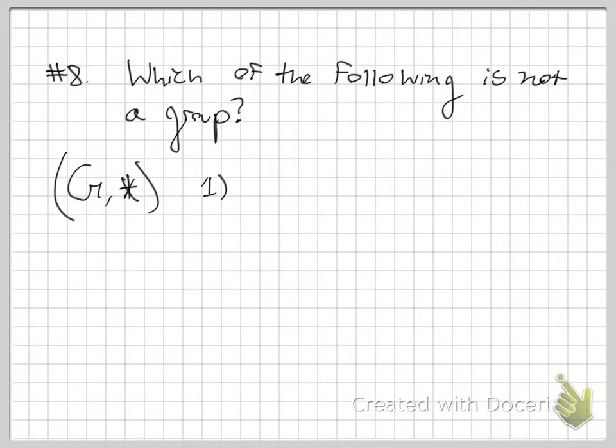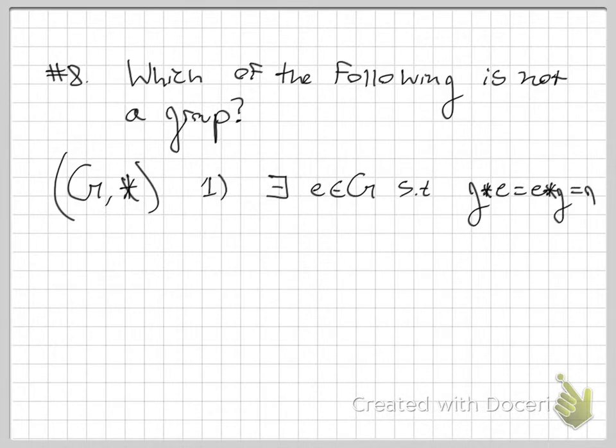So for G, there exists E in G such that g star E equals E star g equals g for all little g in big G. Okay, so that's called the identity.